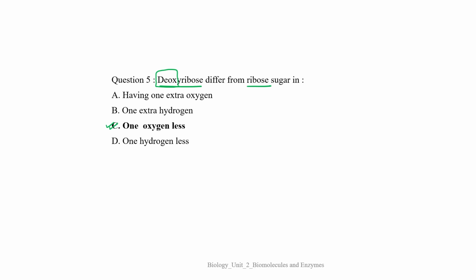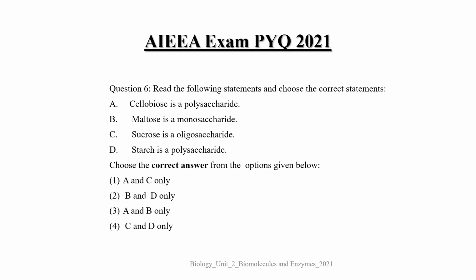Clear? Okay. So now let's move towards the next question, that is question number 6. Read the following statements and choose the correct statement. They have given us 4 different statements. A, cellulose is a polysaccharide. B, maltose is a monosaccharide. C, sucrose is an oligosaccharide.